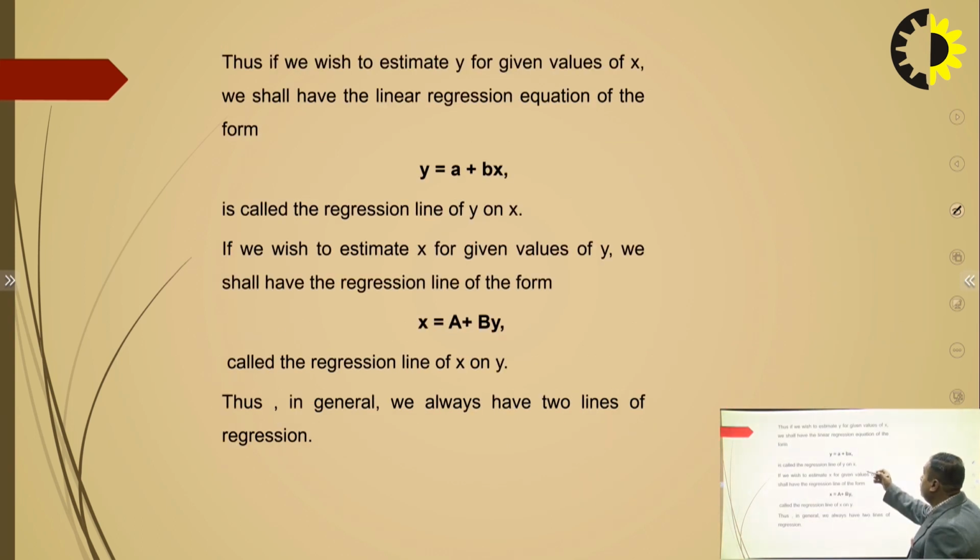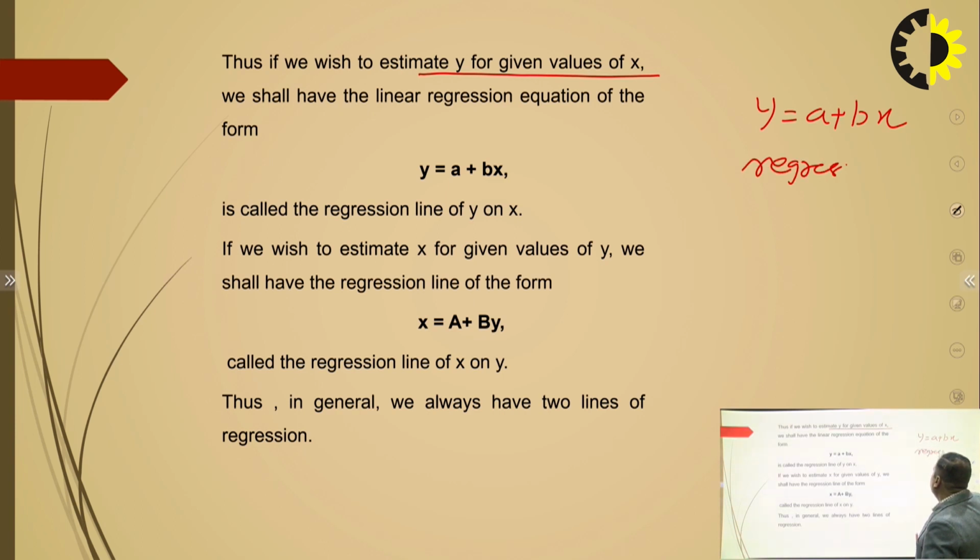Now, the value of y is to be estimated from the given values of x. We have the relation y is equal to a plus bx, where a and b are parameters. Y is equal to a plus bx is known as the regression line of y on x.